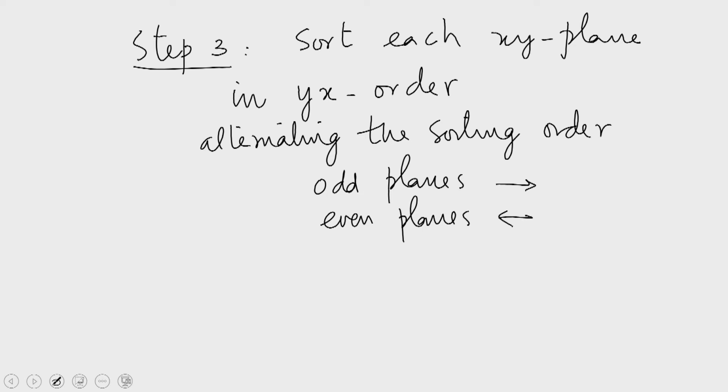Our purpose is to do exactly what we did in the case of shear sort. Consider the two-dimensional case. Let us say we have two dirty rows that are sorted in the opposite direction.